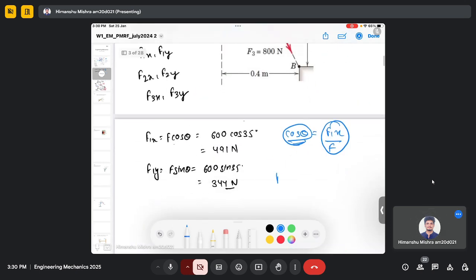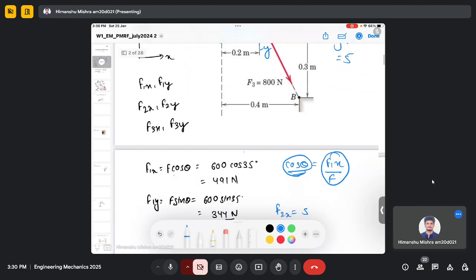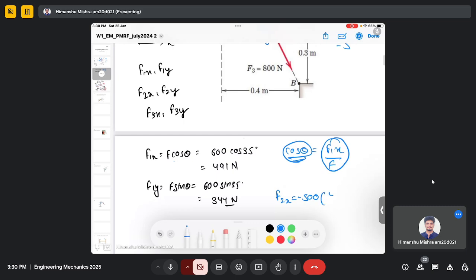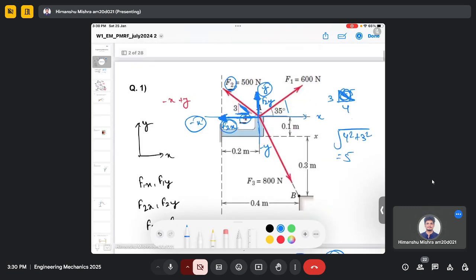So my F2x will be minus 500 times 4 by 5. This is the cosine rule I am using here, right? Because cos theta will be 4 by 5 right here.